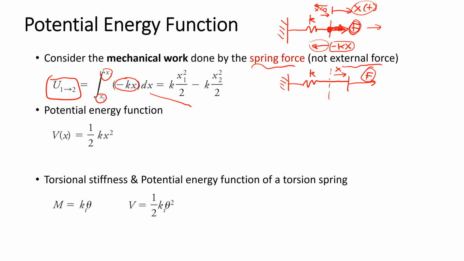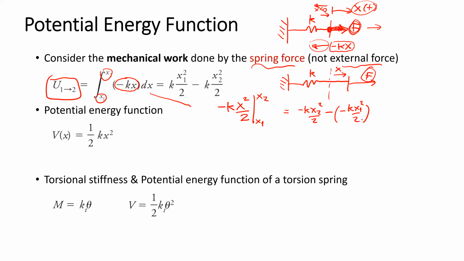So the integration here is going to be minus k x squared divided by 2, with limits of integration from x1 to x2, right? So we're going to have minus k x2 squared divided by 2 minus minus k x1 squared divided by 2.